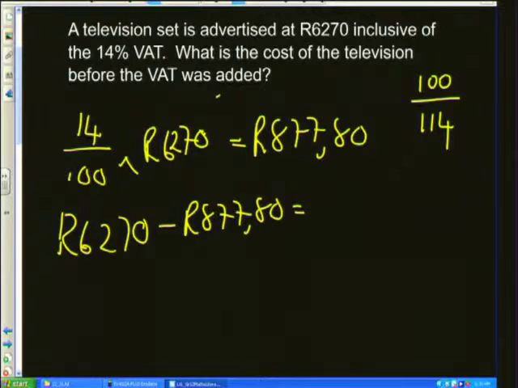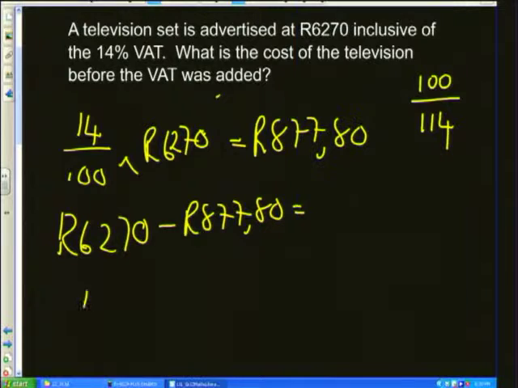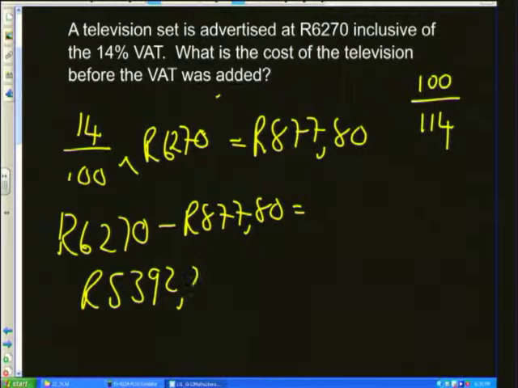Okay, so we're now going to say, right, cool. We've now got 6,270 Rand. We're going to subtract 877 Rand and 80 cents, and we land up now with an amount of 5,300, I've forgotten that number already, 92 and 20 cents.